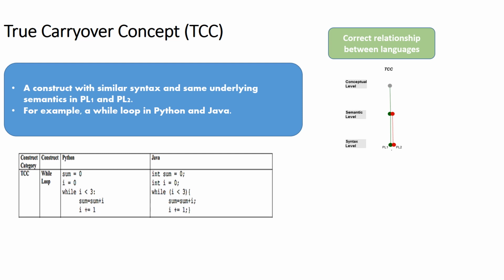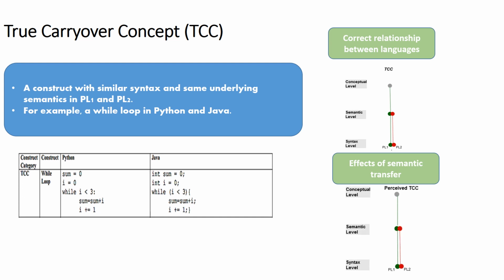But what actually happens when a learner encounters a TCC during learning a new language? They will perceive it as a TCC because of syntax match. Hence, semantic transfer will be appropriately effected from programming language 1 to 2, and the learning will be positively impacted.